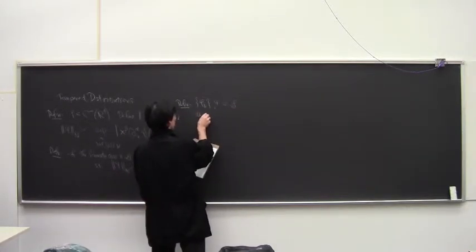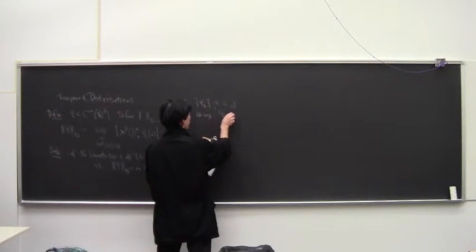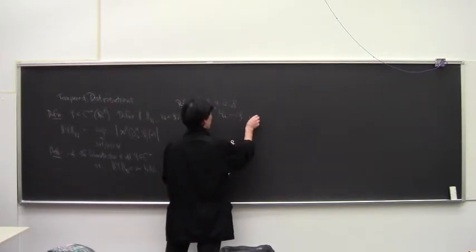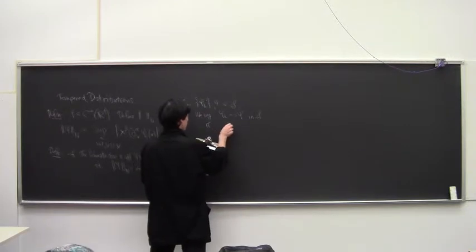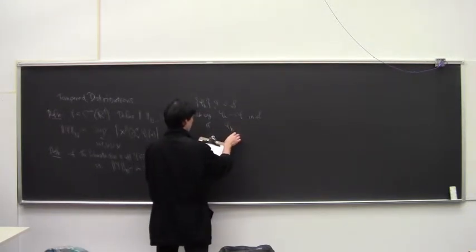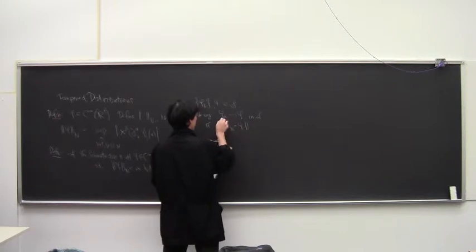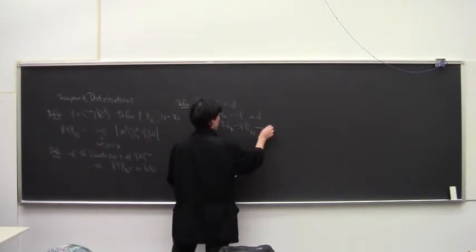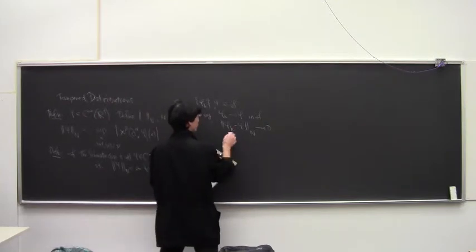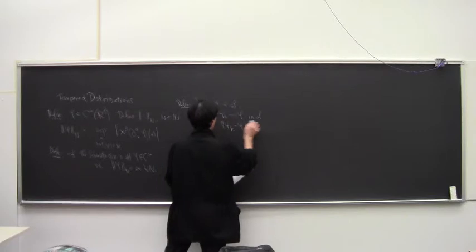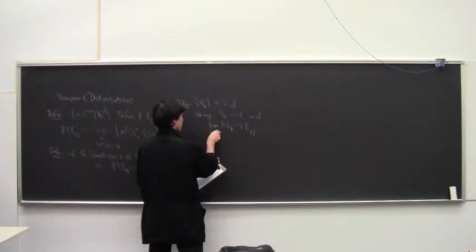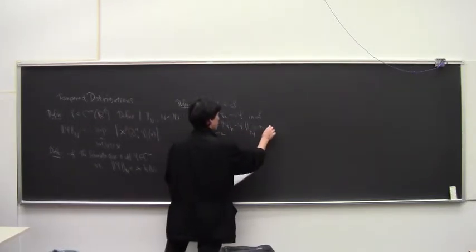We say phi sub k converges to phi in the Schwartz class if the n norm of phi sub k minus phi goes to 0 for all n. So the limit as k goes to infinity of this thing is 0 for all n.